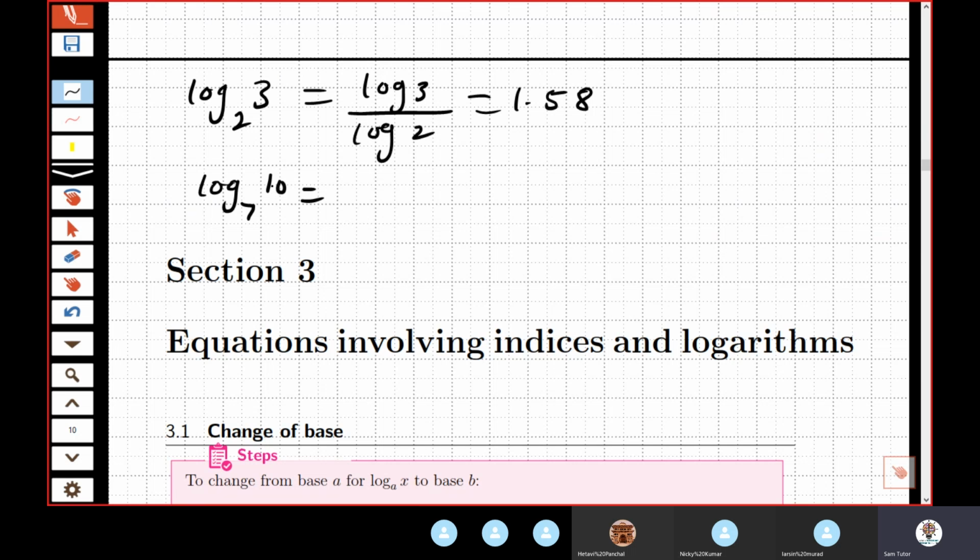It is log of the top number over log of the bottom number. Then press your fraction button on your calculator. Press log, and then 10, close your bracket, go to the bottom, log 7, close your bracket. You should get 1.18. Did you get that?